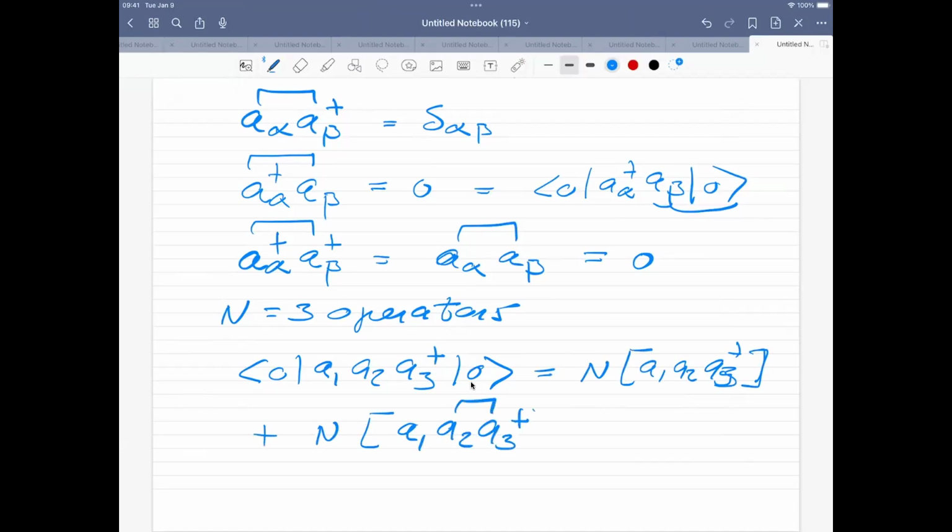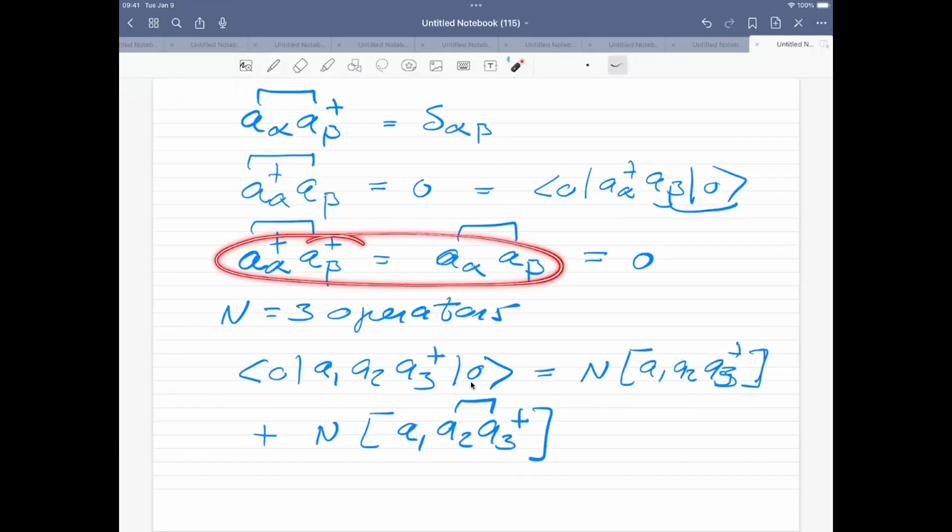So we have this pair here, which is non-zero. You can obviously set up all the possible contractions, but if I do a contraction between a1 and a2, that is automatically zero. So I'm setting up only those contractions which are non-zero. When you're using Wick's theorem, there is no point in going through all these terms which give you zero.